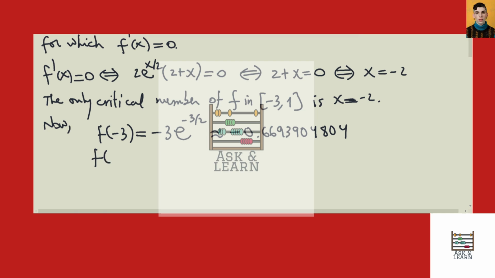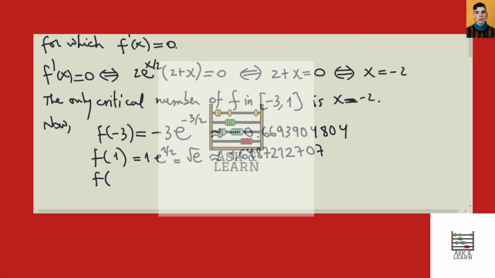Now we evaluate at the right endpoint, which is 1, and we get 1 times e to the 1/2, that is square root of e, which is about 1.6487212707.